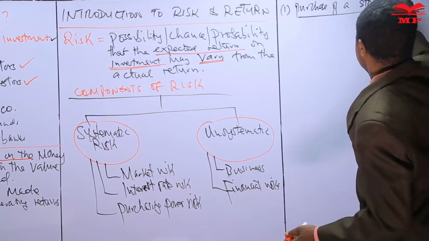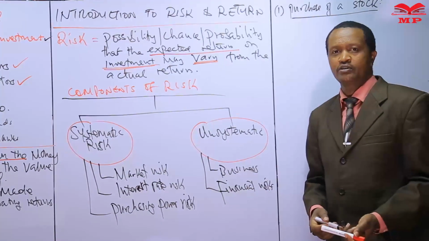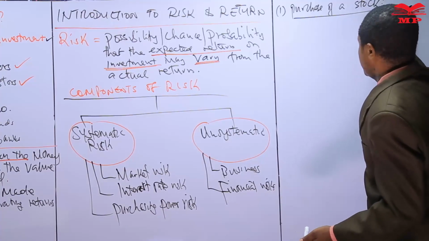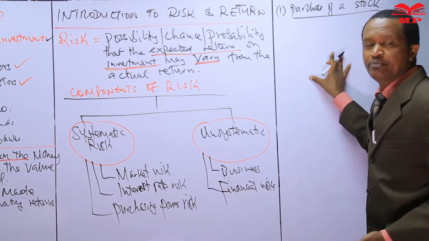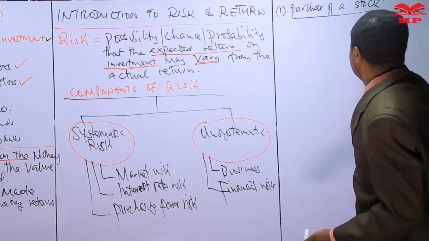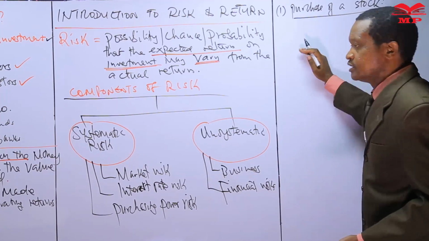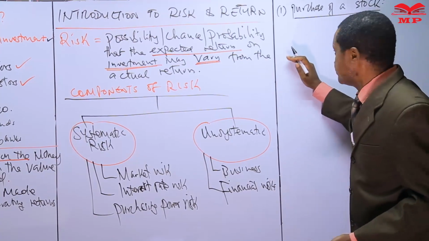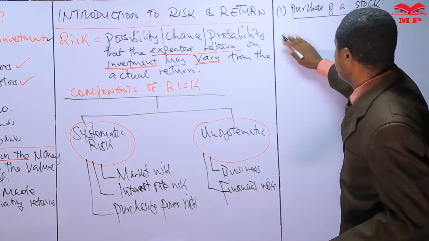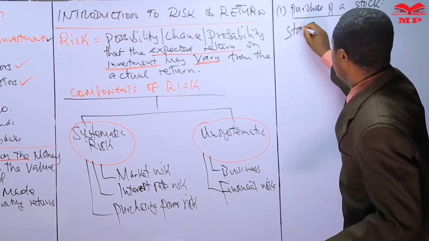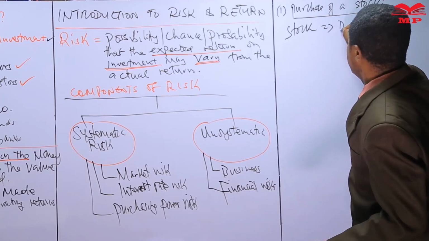When you purchase a share of a company, the purpose of purchasing a share is, number one, to achieve some income, and the income on a stock is known as a dividend.